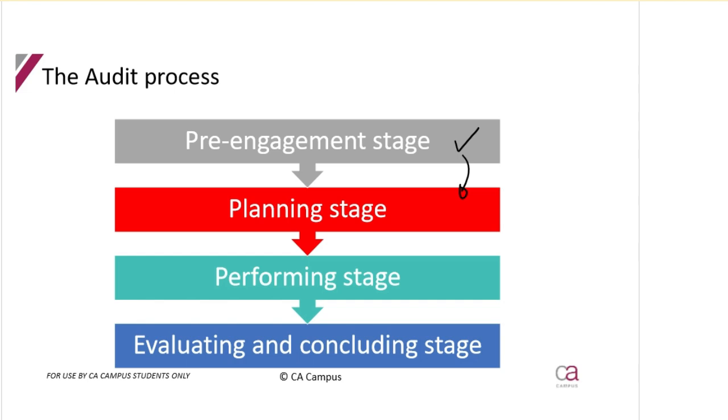We understand the entity, we understand their transactions, we understand their internal controls, and from that understanding, we are then able to determine how we are going to test based on where we believe the risks lie, the risks of material misstatement, because we as auditors are simply expressing an opinion on the fair presentation of the financial statements.